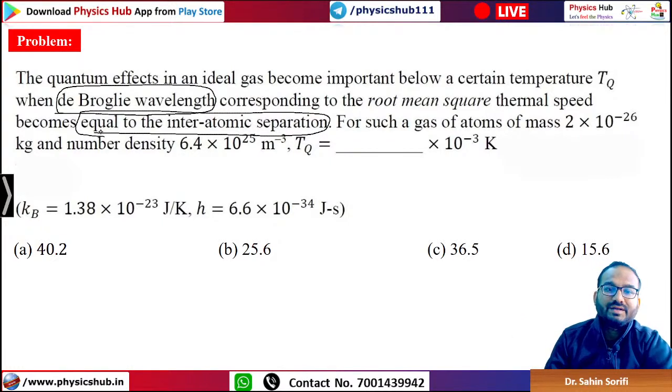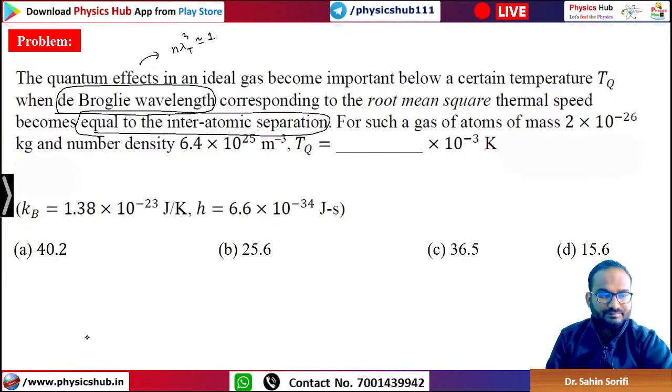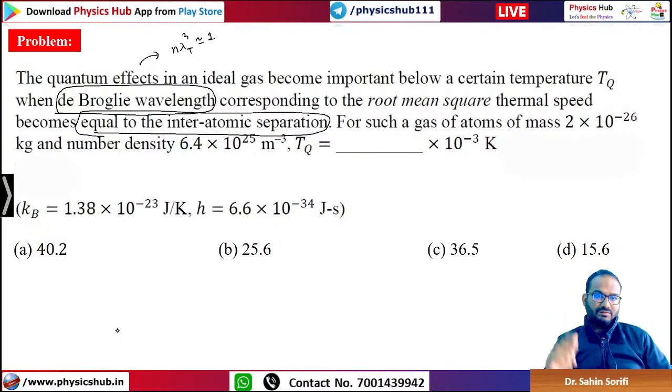So, for quantum effects, the condition is n lambda_T cubed equals 1, you can take. n is the number density, lambda is the de Broglie wavelength or thermal wavelength.